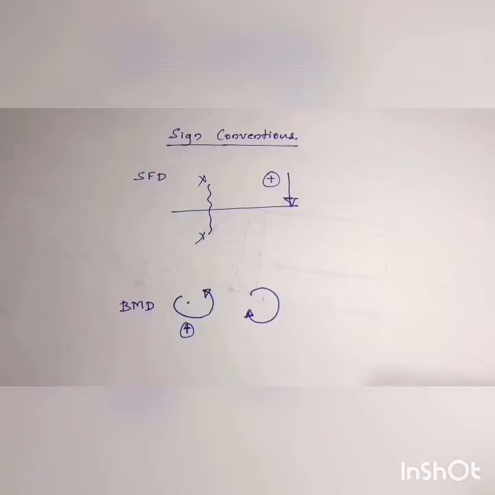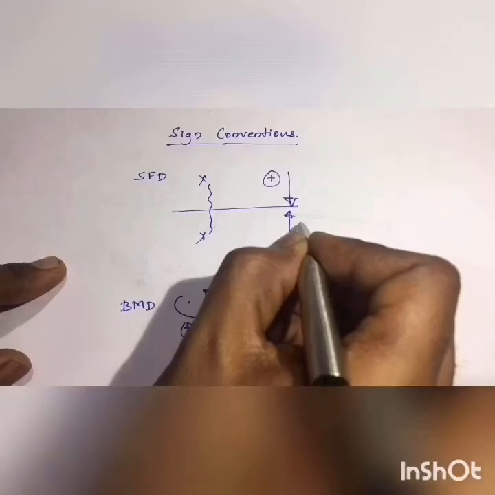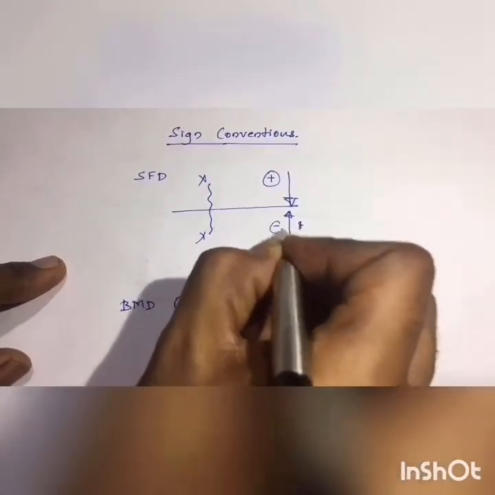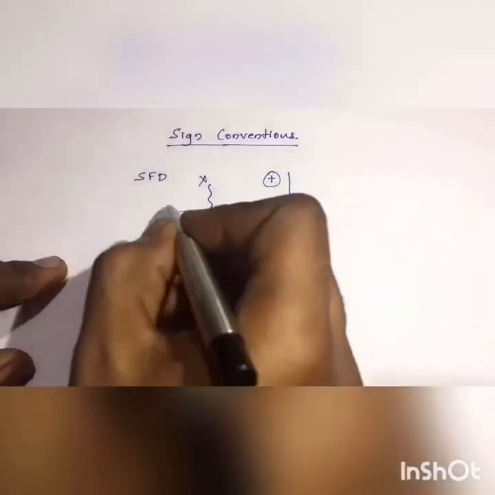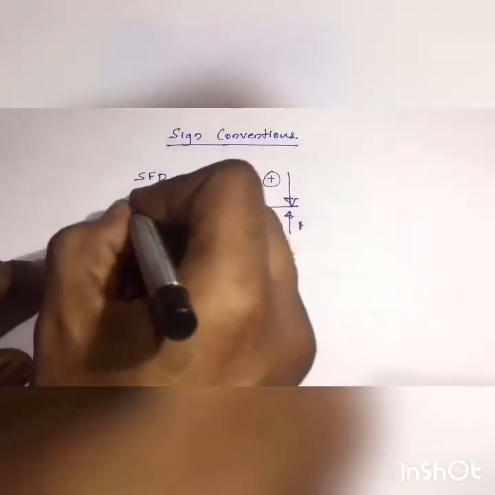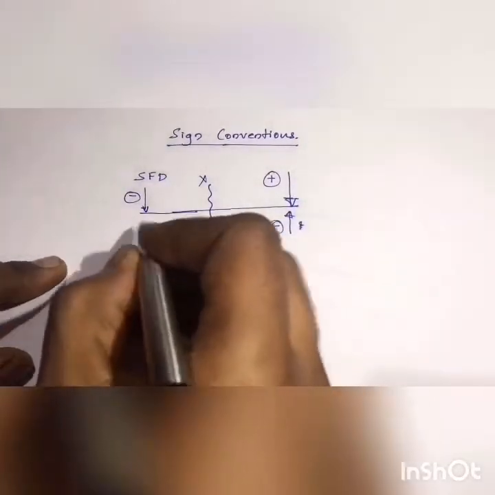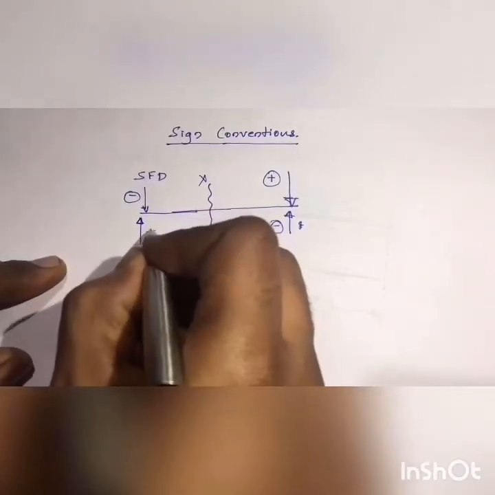This makes the rest of the things quite obvious. The load which is acting on the right side and upwards becomes negative. The load which is acting on the left side downwards becomes negative, and the load acting on the left side upwards becomes positive.